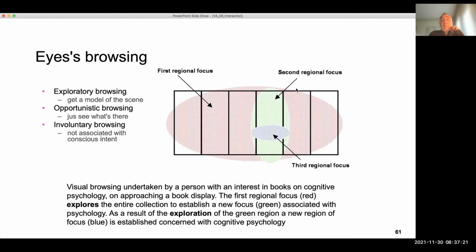You get the big picture, and after that you focus on a sub part of it. It is a region containing books that are about psychology, and finally you get the exact location concerned with cognitive psychology. You do the same in the supermarket when you are looking for something to buy.